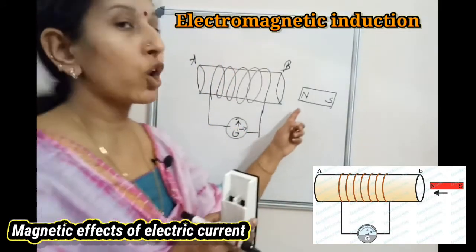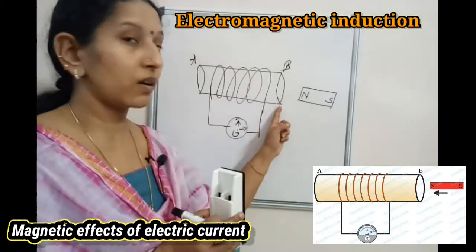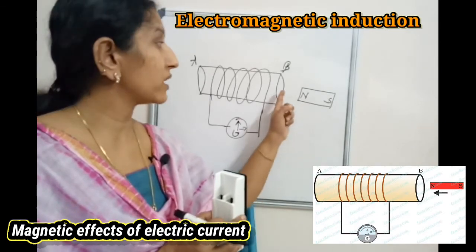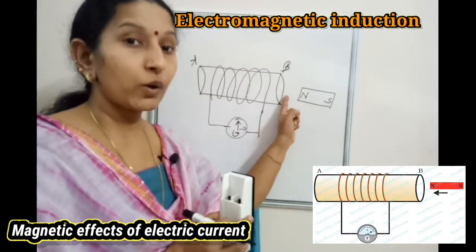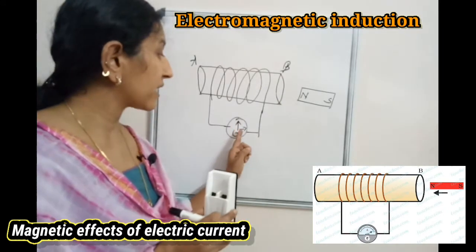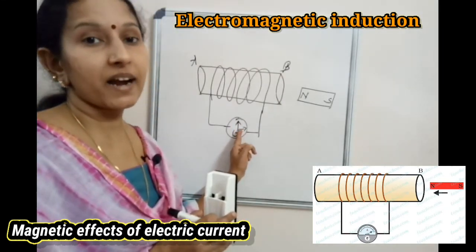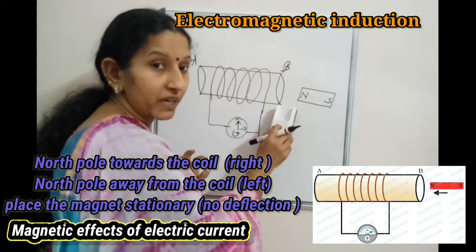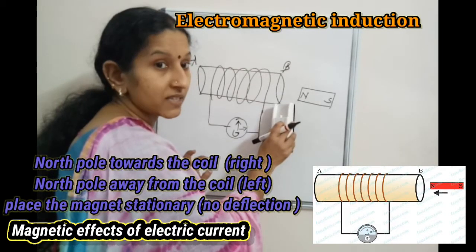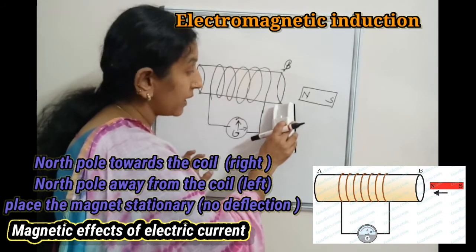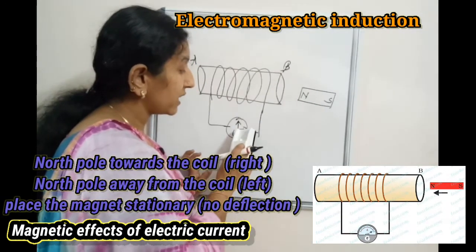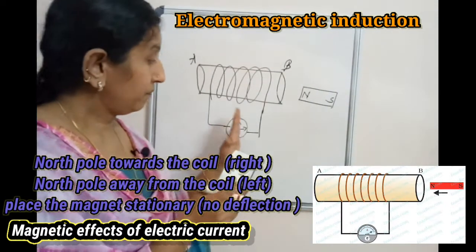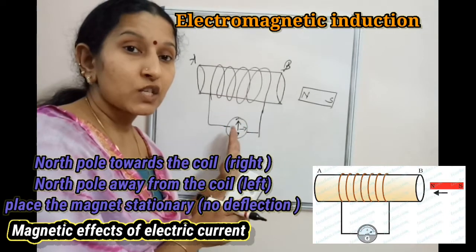So when we show the north pole of the magnet towards the coil, towards the end B of the coil AB, you can see that the galvanometer needle deflected towards right, which means there is the presence of current.